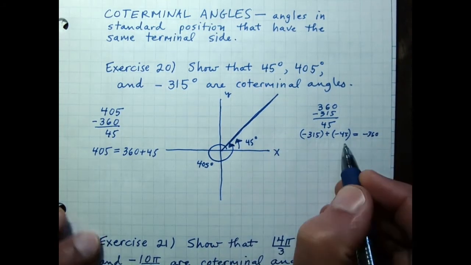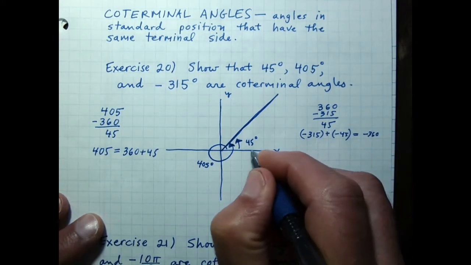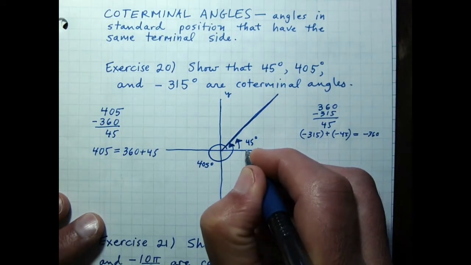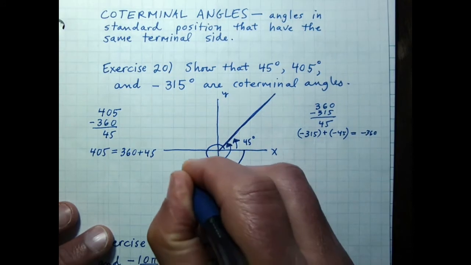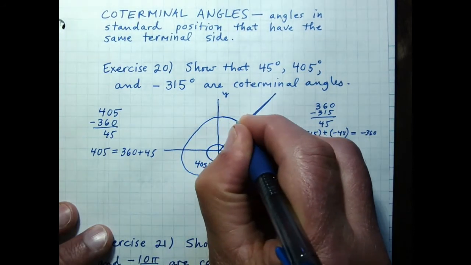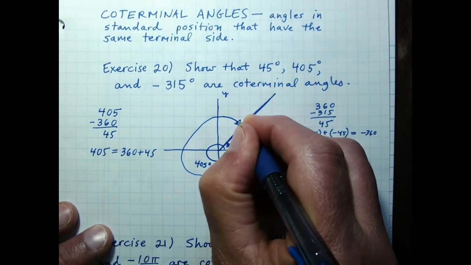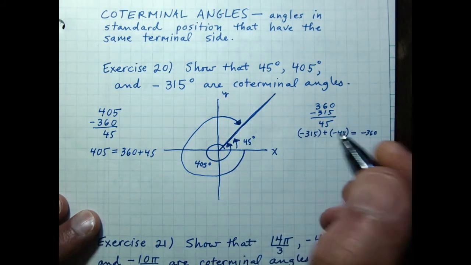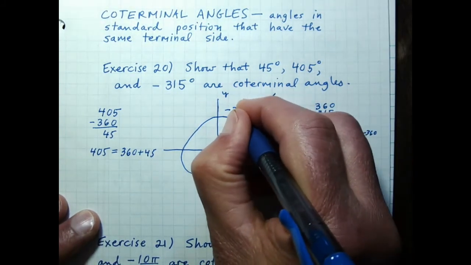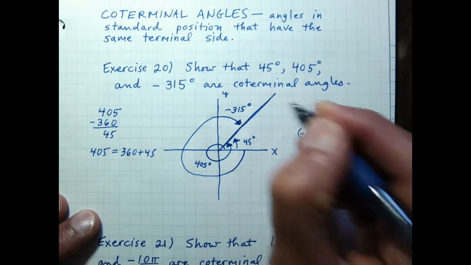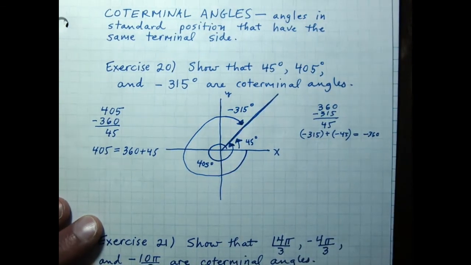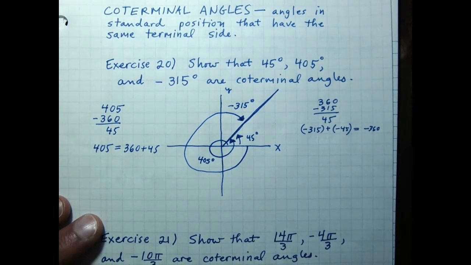So I'm just short by 45 degrees from negative 360. That means this has to be the same terminal side. So here's negative 315 degrees. Each one of those three shares that same terminal side. They're coterminal angles.